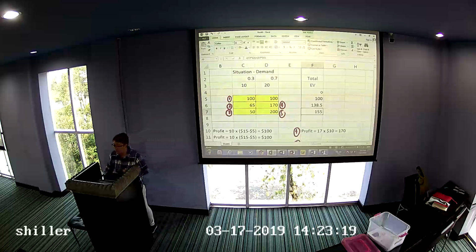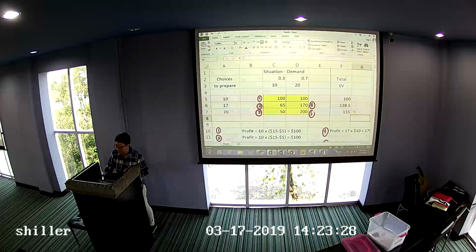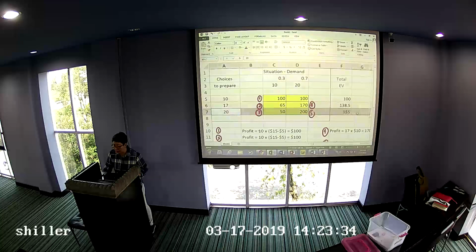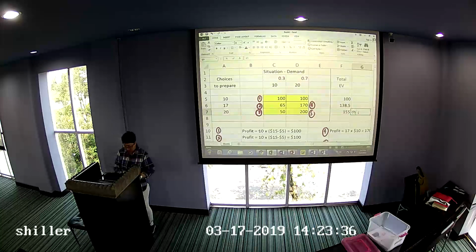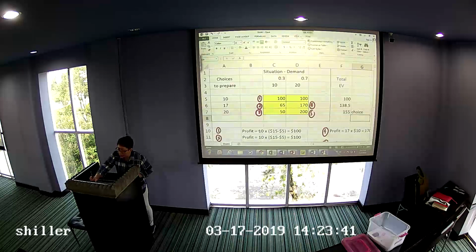Clear? Okay, so if I'm using the technique of EV, expected value, which choice should I make? Okay, so you would actually tell the bar owner to prepare 20, correct? So this is his choice, if you use the EV.